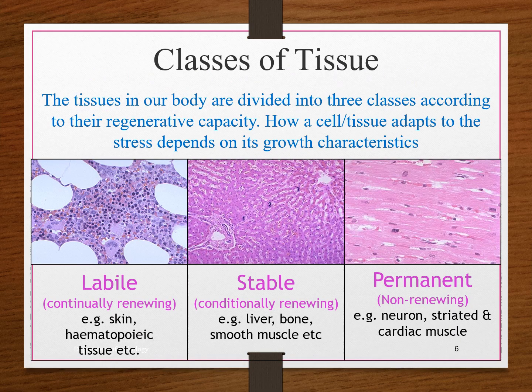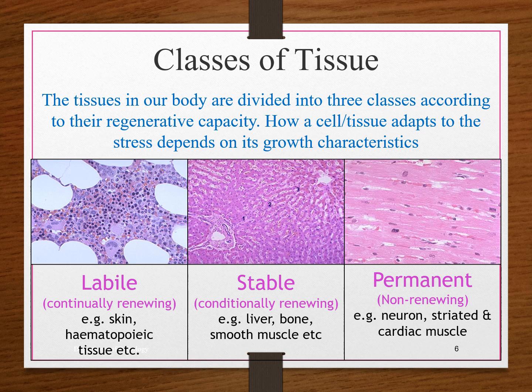The tissues in our body are divided into mainly three classes according to their regenerative capacity. How a cell or tissue adapts to the stress depends on its growth characteristics. So, mainly the cells belong to three classes: labile cells, stable cells, and permanent cells.